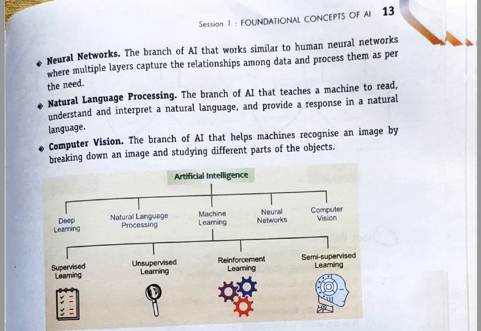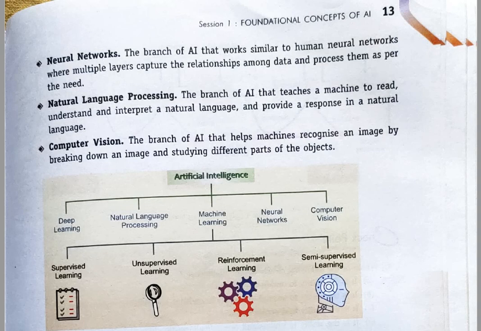Next is NLP, natural language processing, that you have experienced through Alexa and Siri. These are applications using NLP. Through this, a machine tries to read, understand, and interpret natural language, and it also generates responses in natural language.